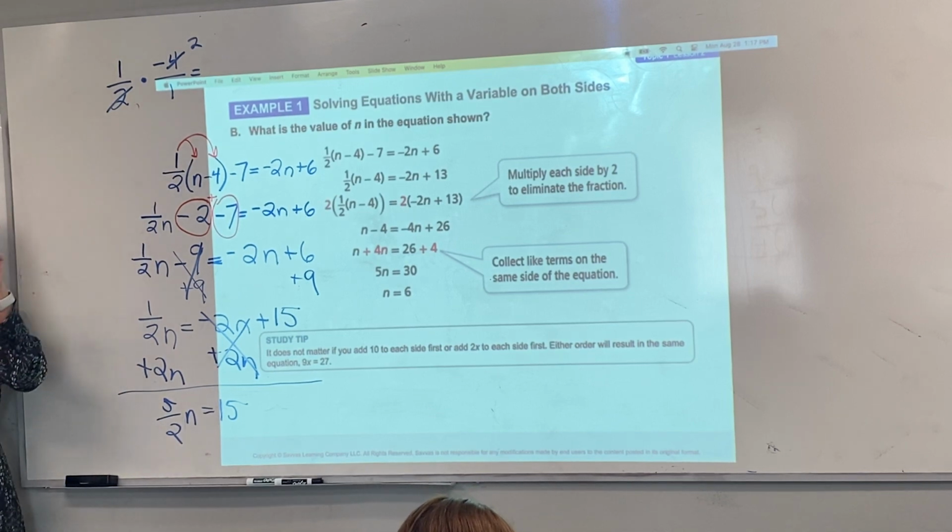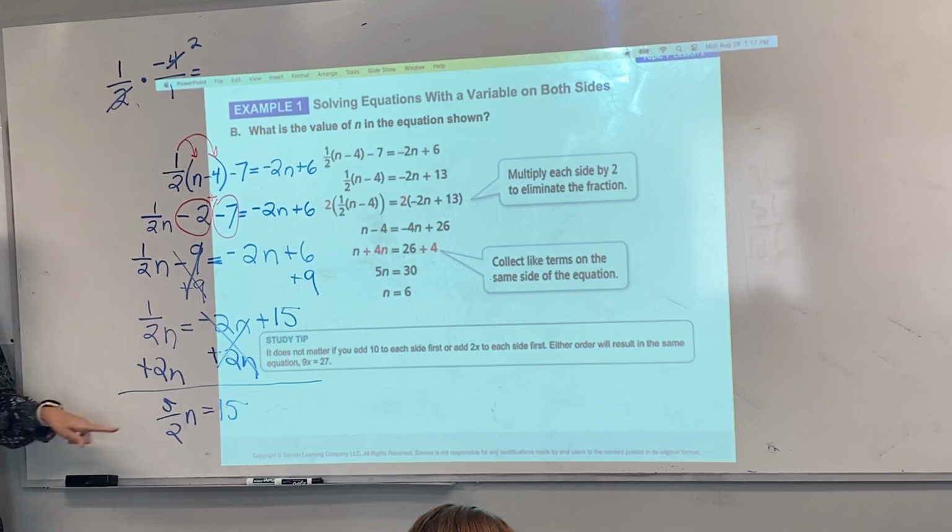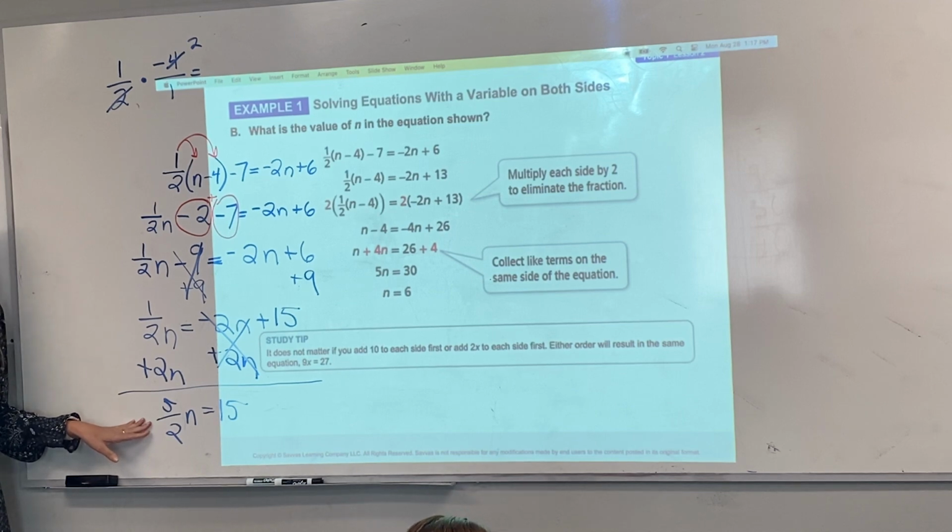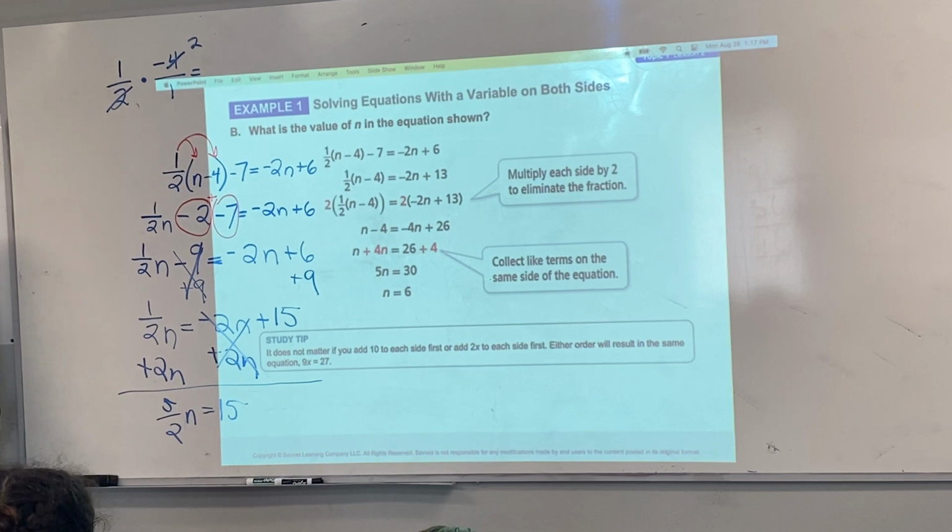What is the shortcut we learned about if a variable is being multiplied times a fraction? Yes, very good, especially for being out for a while. Now, can somebody explain why multiplying times the reciprocal is an okay shortcut? It cancels it out, right?